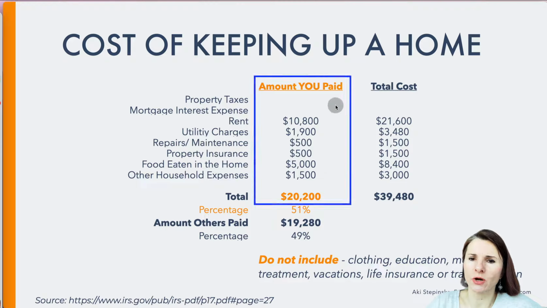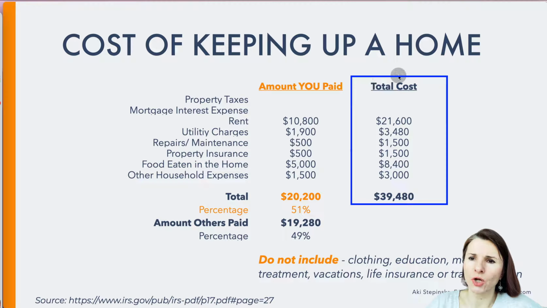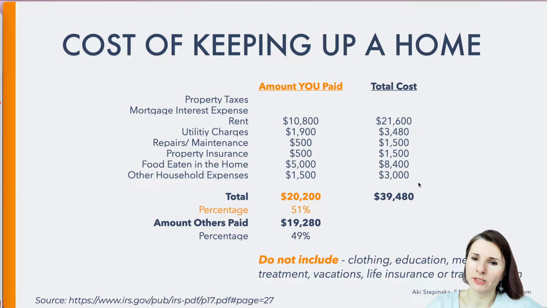And you would total this up and then compare to the total cost for the household, because maybe you're living with a parent and you are also paying, and you have a child, let's say a dependent. Then you want to split it and see who paid more than half.